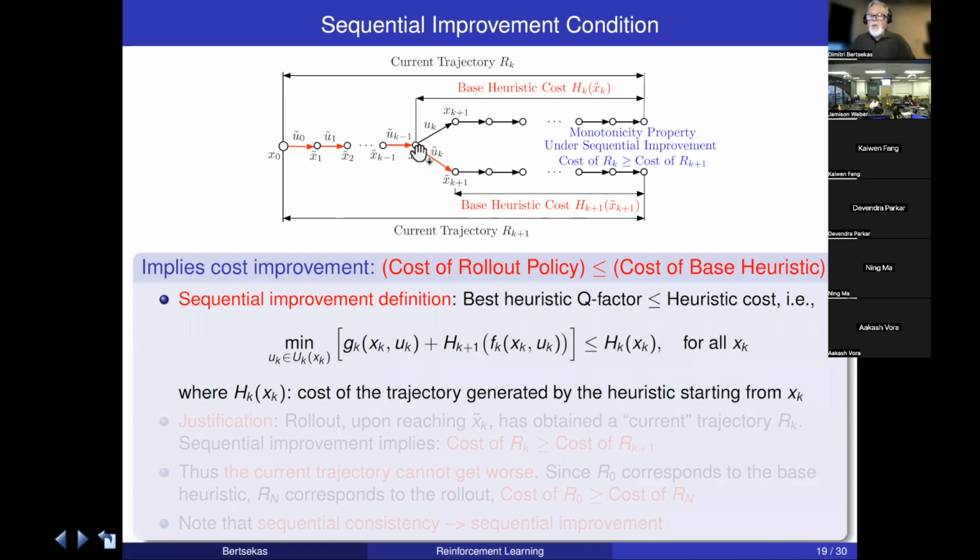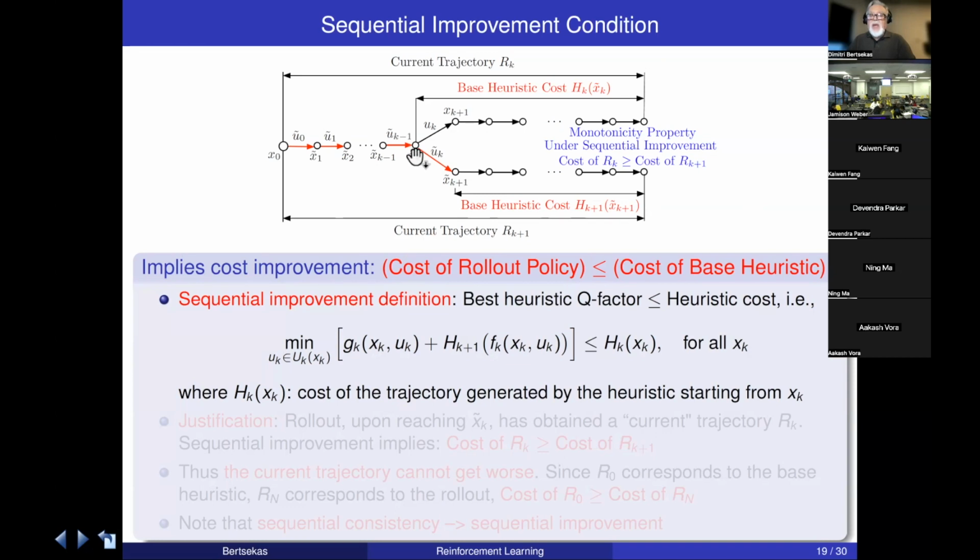Now, this is done in the process of reaching xk, because at xk-1, you have calculated all of these Q factors corresponding to the different controls. And the Q factor for the control that rollout has chosen is precisely equal to the cost of this transition plus this cost here.